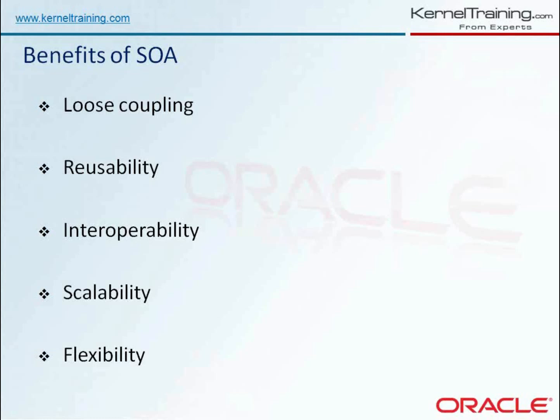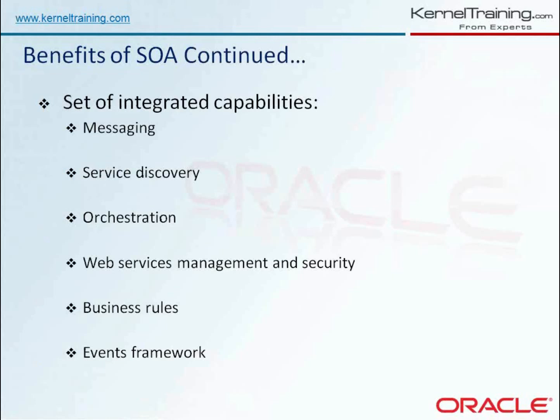Apart from this, it has some integrated capabilities that it uses in the backend. Basically, it is using messaging. Messaging means you have any kind of message. You can have an XML message, a binary message, anything.